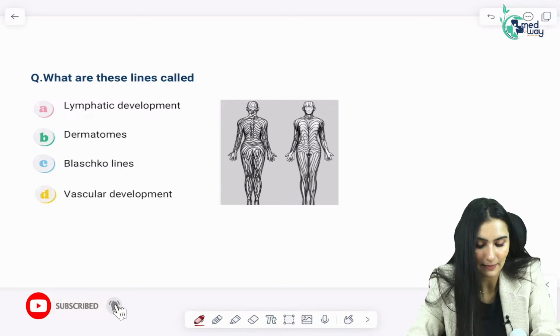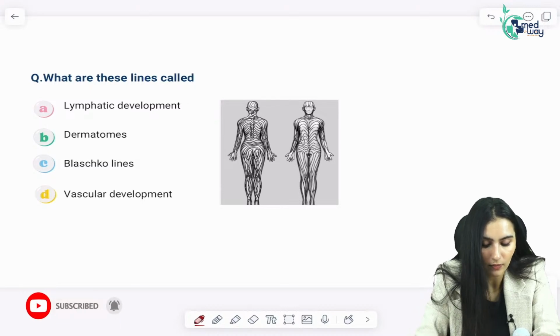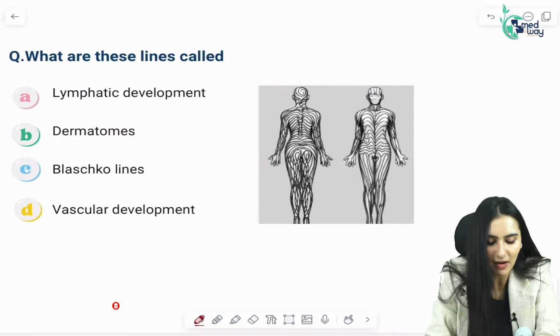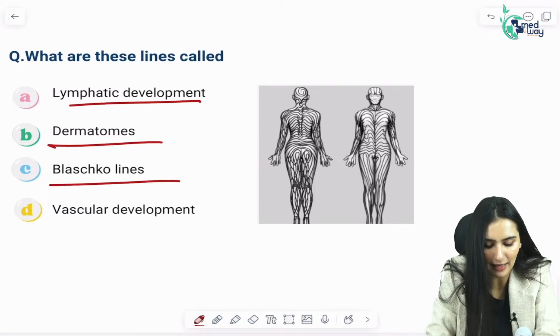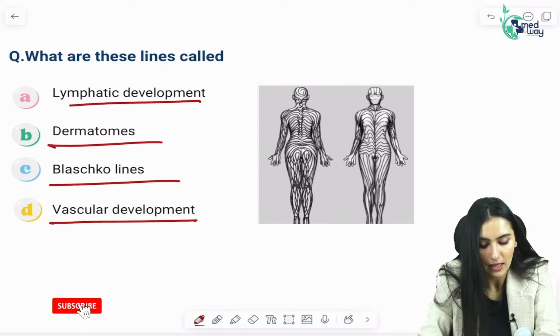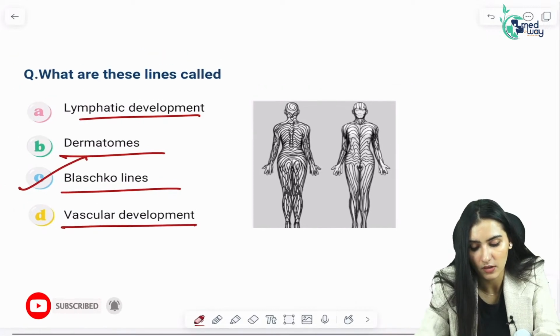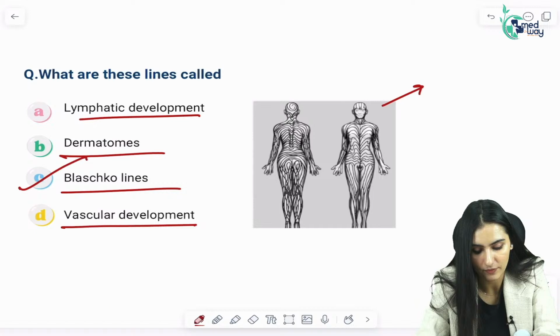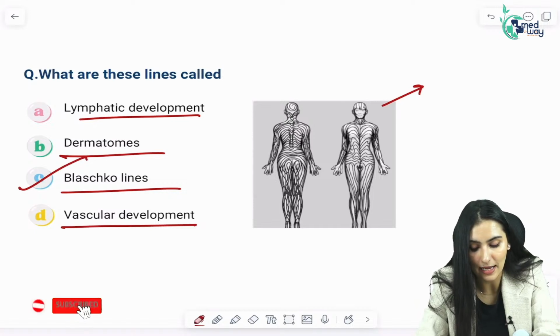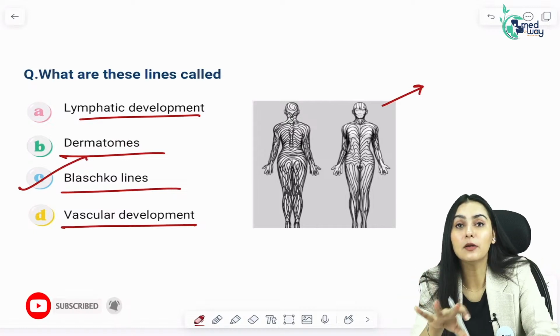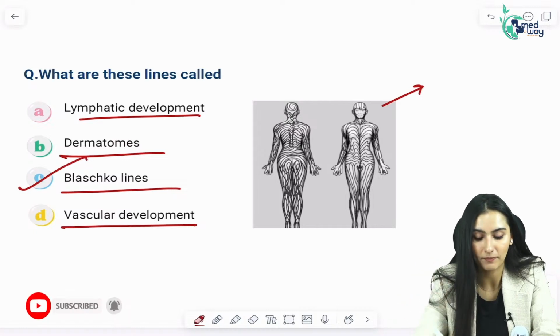What are these lines? Okay. So, chalo. Lymphatic development, dermatomes, Blaschko lines and vascular development. These are Blaschko lines. It's a very typical picture. You have to remember this. Now, what happens is that they have different presentations in different parts of the body. Okay?